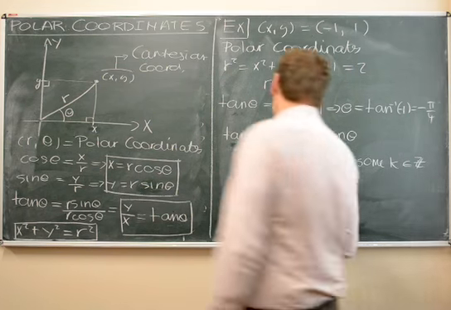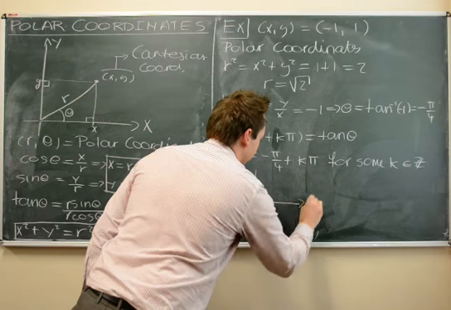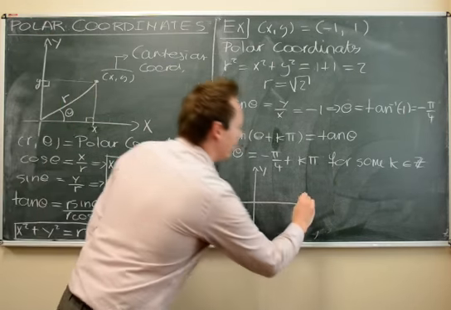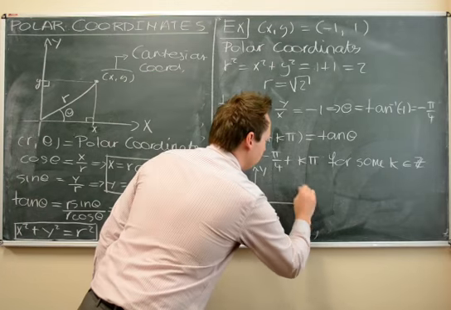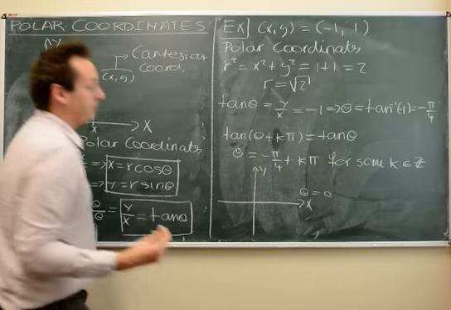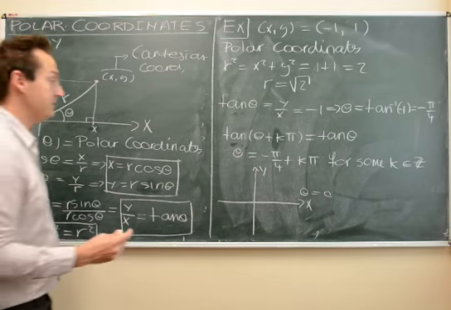Well, let's draw the sketch. x, y. Remember, when you're here on the positive x-axis, that's theta equals 0. If you go to the positive y-axis, then you've moved through pi over 2 radians.